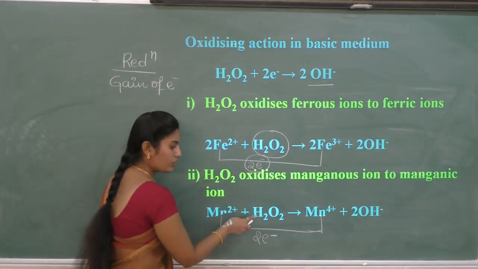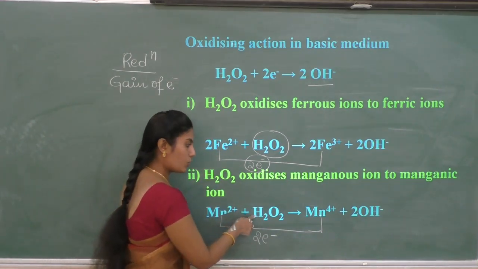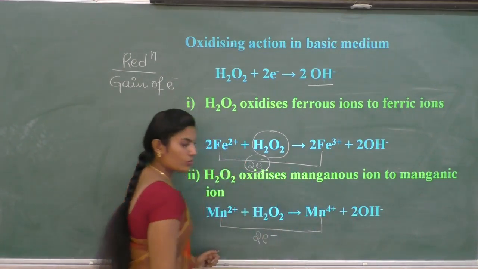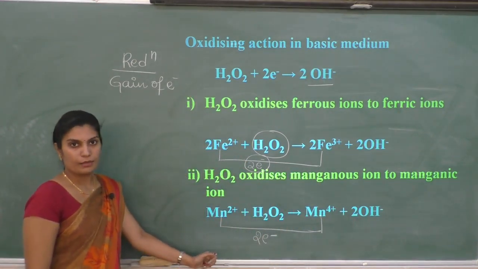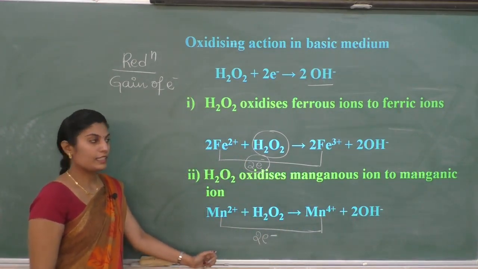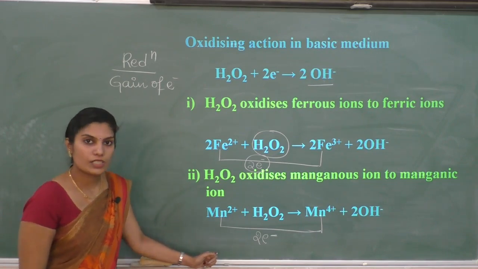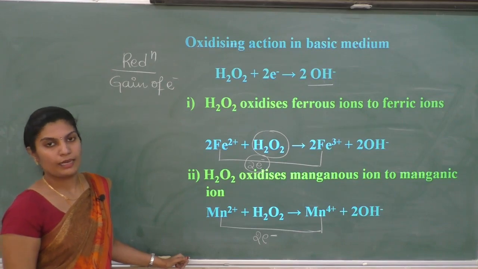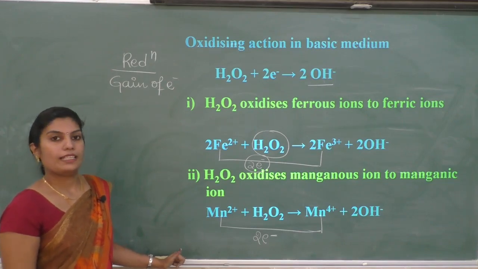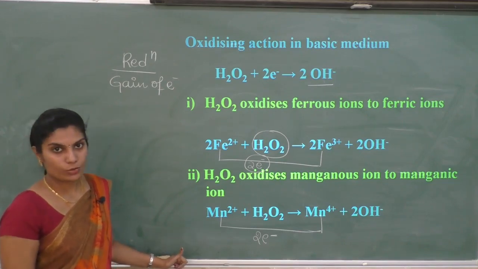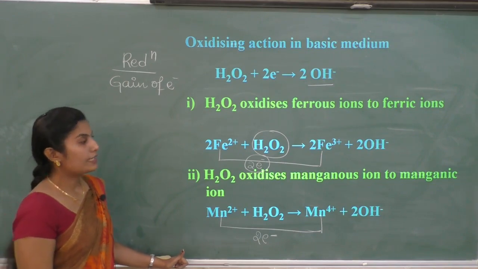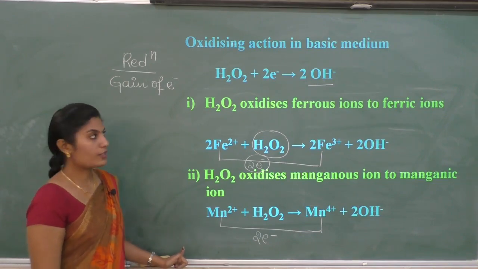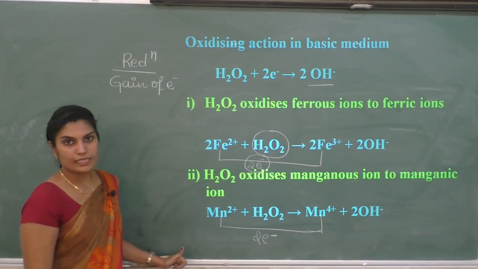The 2 electrons are taken up by the H2O2 and it is reduced to 2OH-. Cleared? This is about the oxidizing action of H2O2 in basic medium. In the acidic medium, it is reduced to H2O. In the basic medium, it is reduced to OH-.